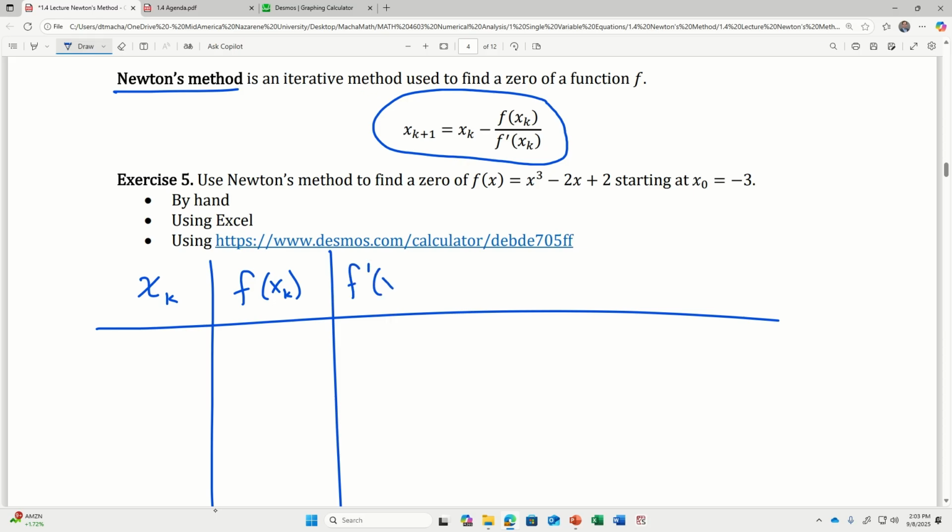I would make a little table like this. And I might even make a little part where I have f of xk divided by f prime of xk.